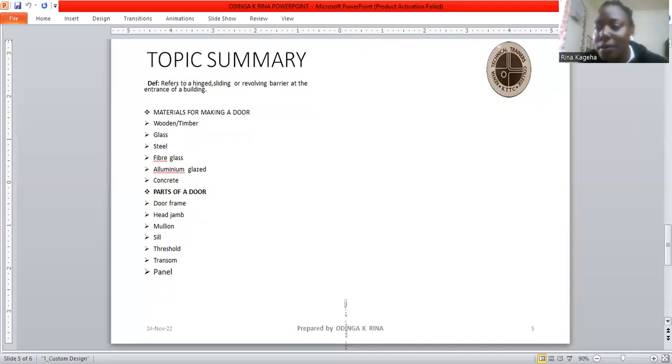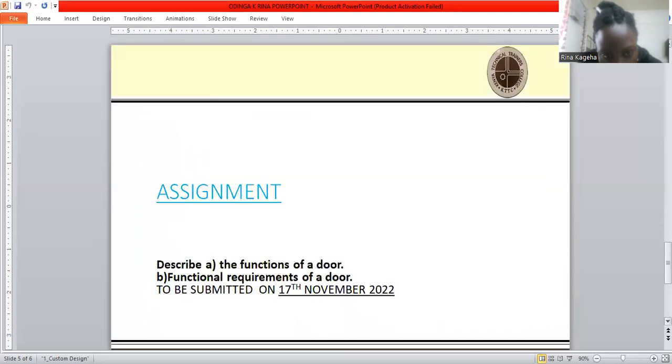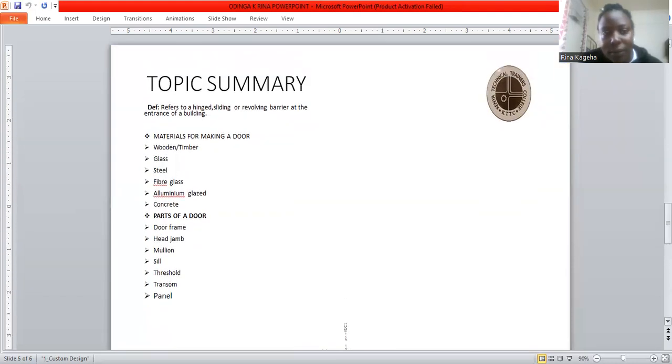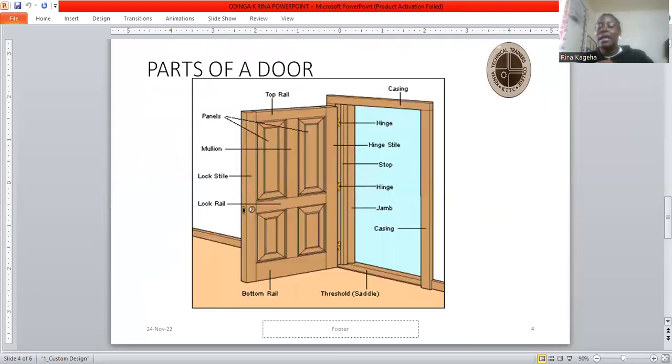Koros, can you state for us 2 parts of a door? We have a stop. Yes, we have a stop. And a panel. That's very true. That's good, Koros. So someone else, Ramadan, can you state for us 2 parts of a door that you know?